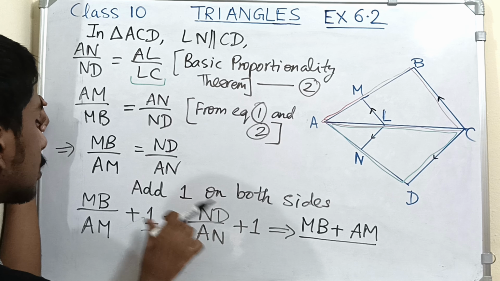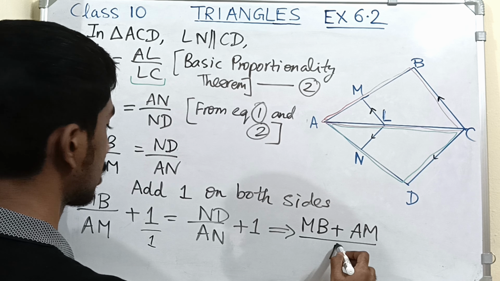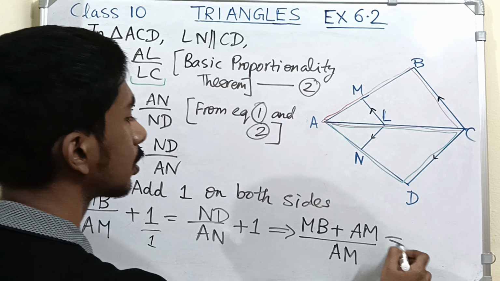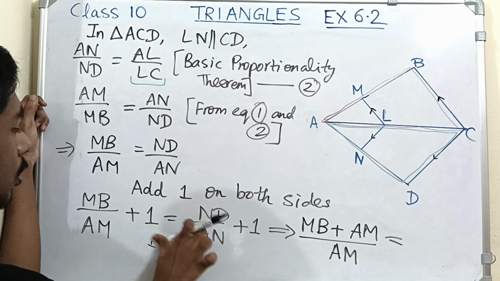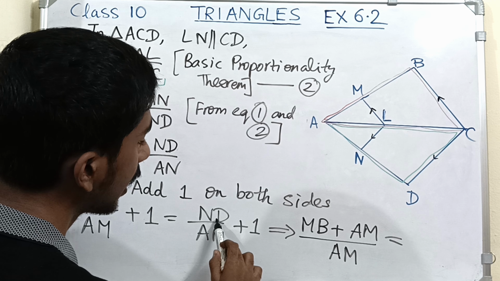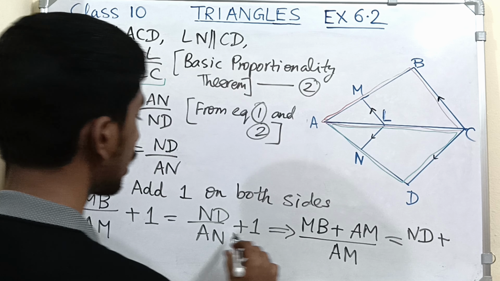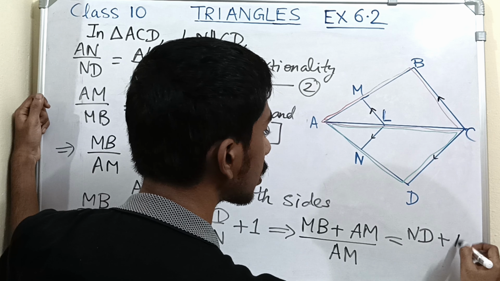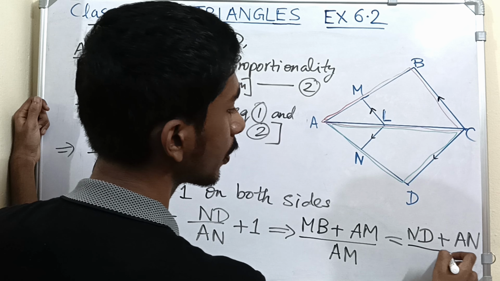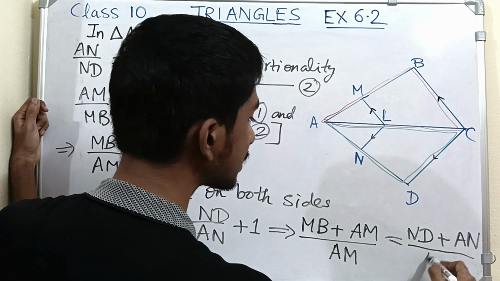What is there? AM. Let it be as it is. AM is equal to, now do the same here, ND into 1 is ND, ND plus AN into 1 is AN whole divided by what is in denominator, it is AN.